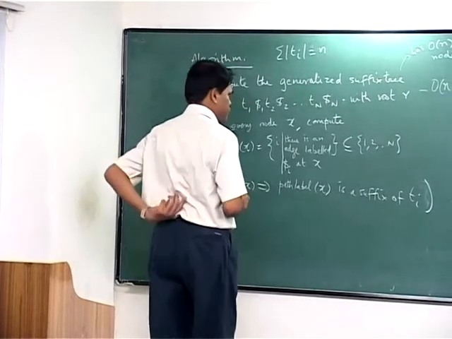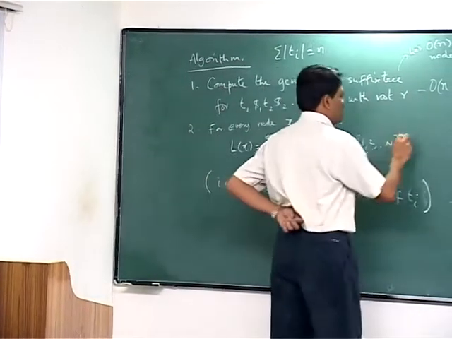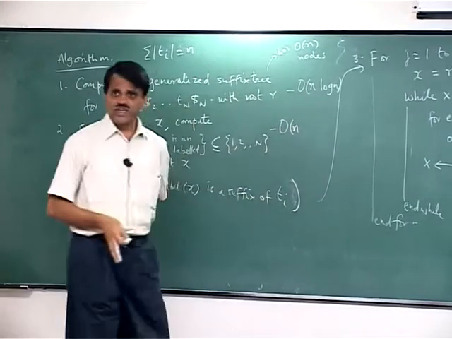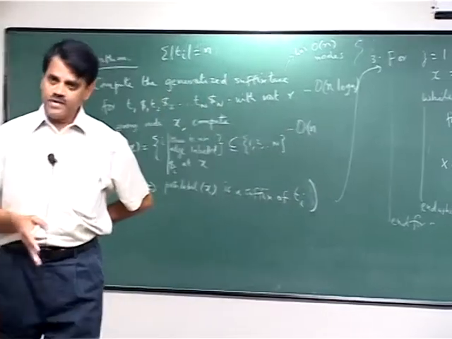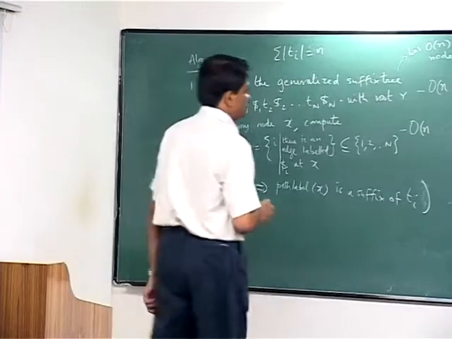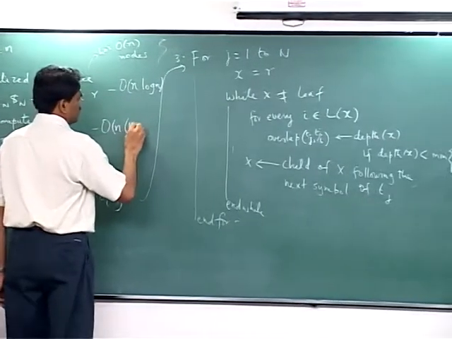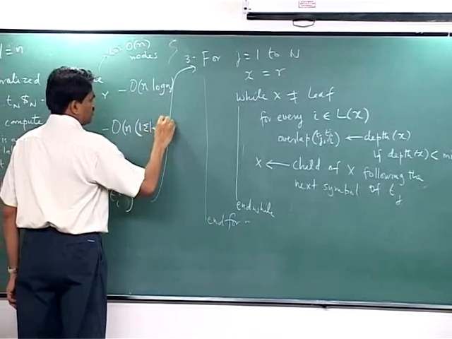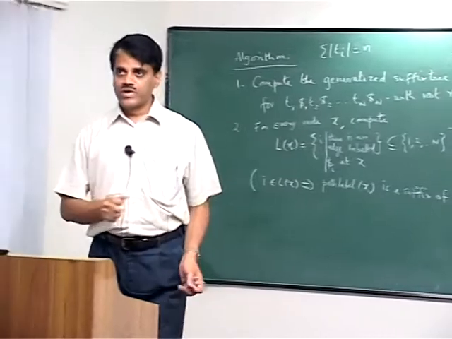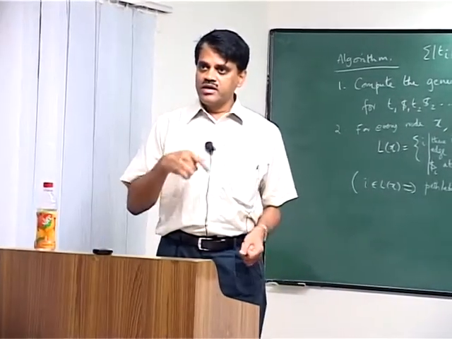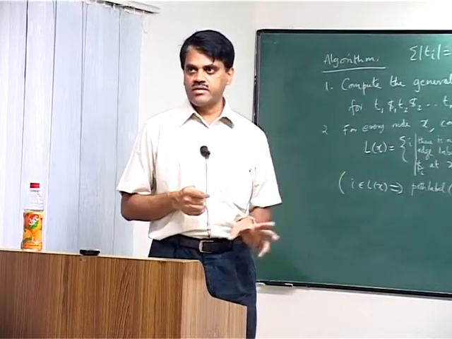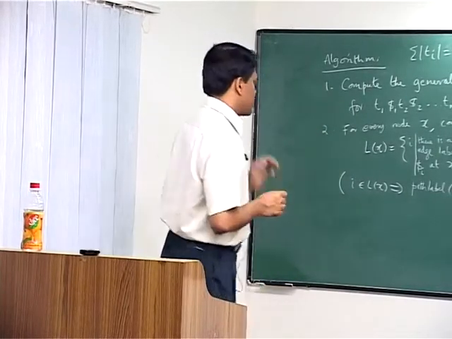So for every node, I just have to look at its children. How many children can there be? Because there could be one for each character, there could be one for each delta i. The number of delta i's is capital N. So that's the time for this.